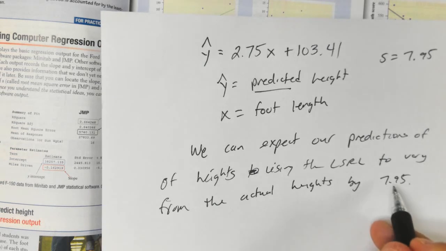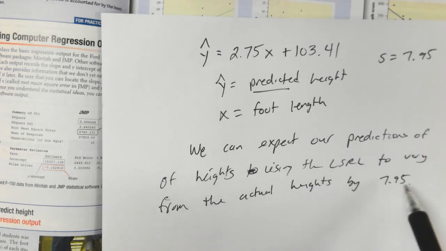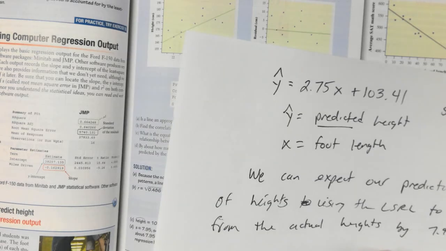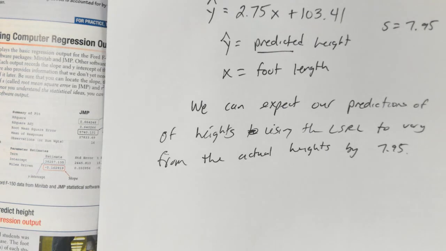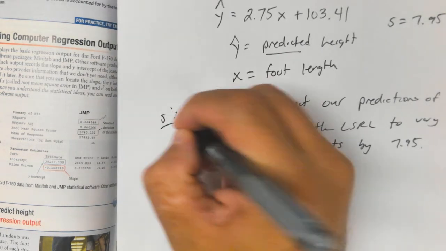Okay, so that's what we can expect to be off. So if we make a prediction using this, we can expect it to be plus or minus about 8 centimeters, I think it is. So that's s. That's how you interpret s.